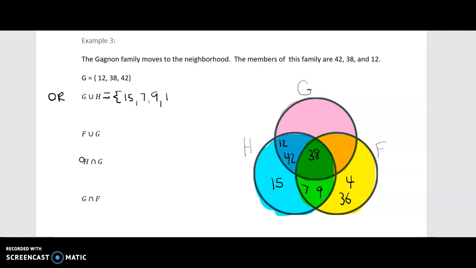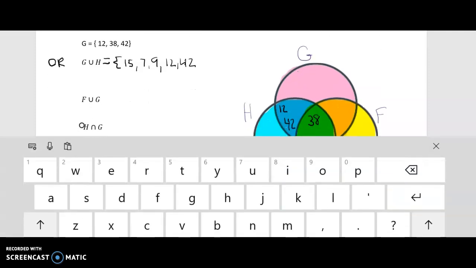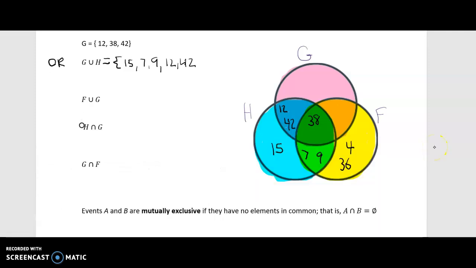But 12 and 42 are in the dark blue section. That means that they are in the Hammond and Gagnon families. And 38 is in the Hammond and Gagnon families, but also in Fitzgerald. But for this problem, it doesn't matter whether it's in the Fitzgerald family or not. So we have the numbers 15, 7, 9, 42, 12, and 38.